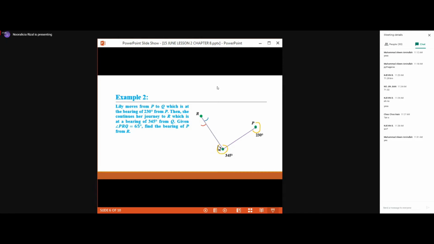So now we continue. We connect all the 3 points. Connect your P and R. And I even told you that the angle of PRQ there is 65. All right, so this is your diagram. It should look like this.